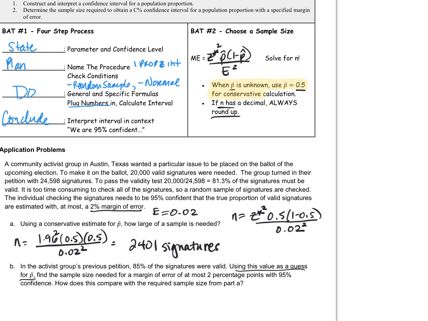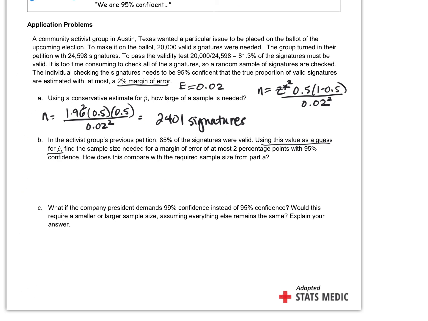All right. So now we're using a p hat of 0.85 instead of 0.5. All right, so let's plug in our values into our formula. 0.85, 1 minus 0.85 is 0.15, all over 0.02 squared.